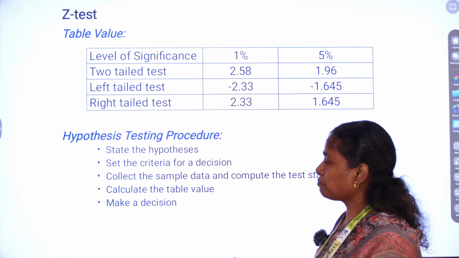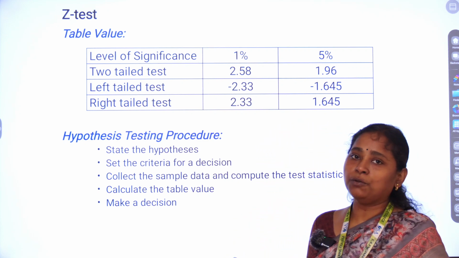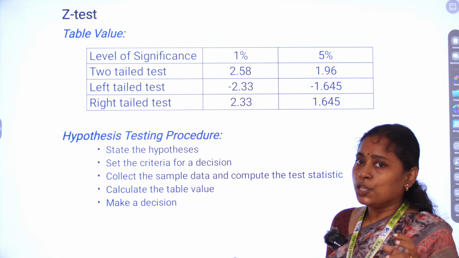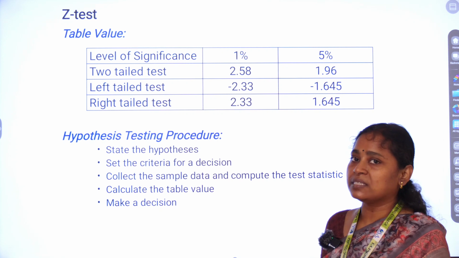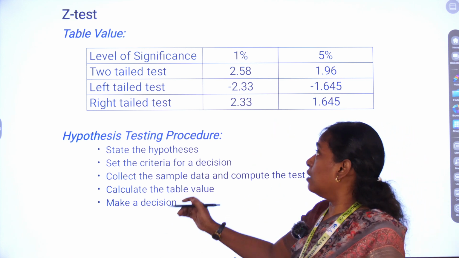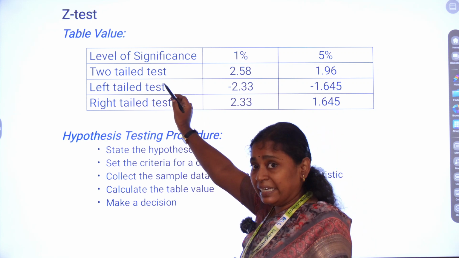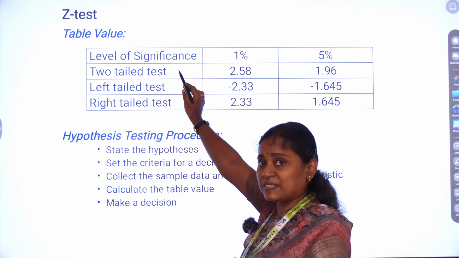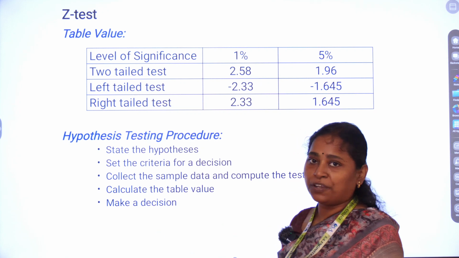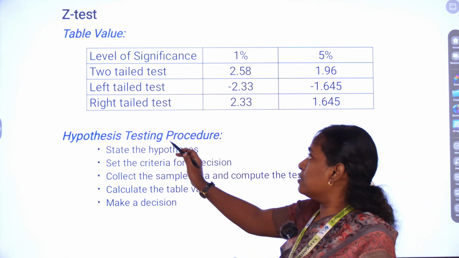Now next, table value. Very important, here the table value for Z test you can memorize. Usually they'll ask 1% and 5% to solve a problem. If you look at the table, for two-tailed test, the value for the level of significance 1% is 2.58 and for 5% is 1.96.